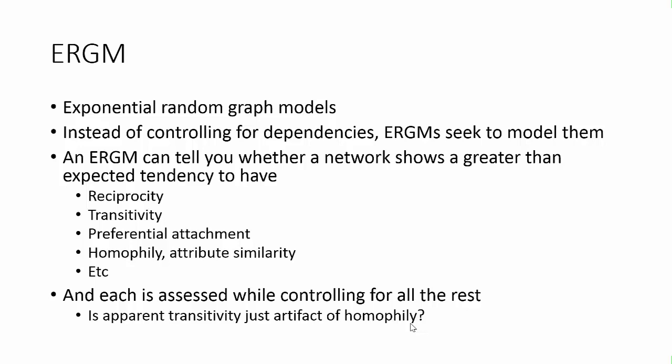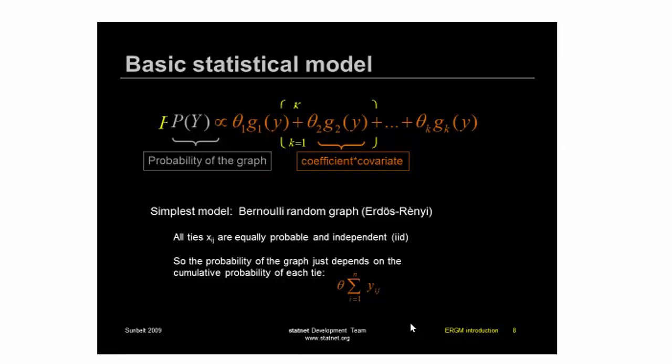I'm male, I tend to orient towards other males, and that means that there's going to be transitivity, because if you and I are male, and you and somebody else are male, then that person and me are male, and so we all have a higher probability of making a tie, and it looks as if it's transitive, but in fact it's just homophily that's going on. We're all the same characteristic. Hopefully that makes sense.